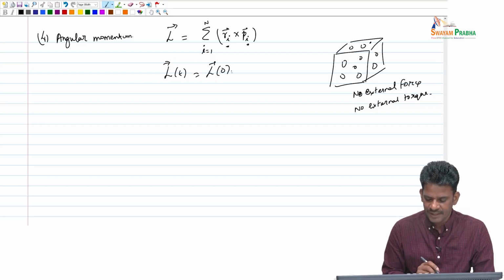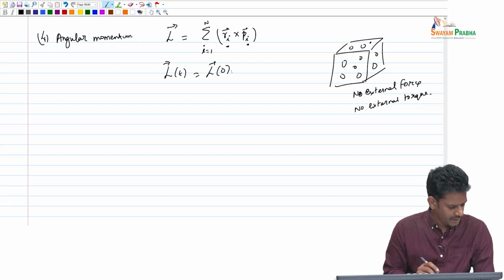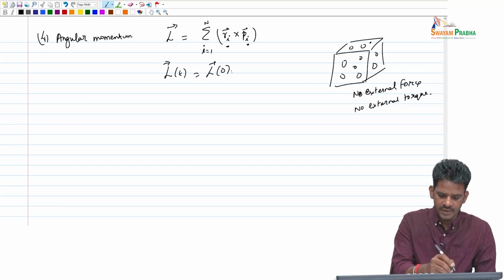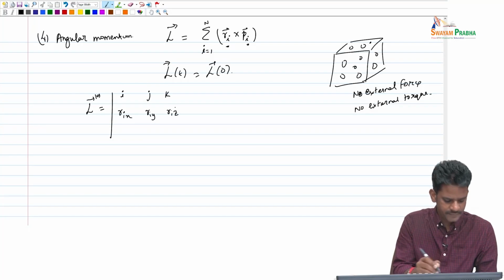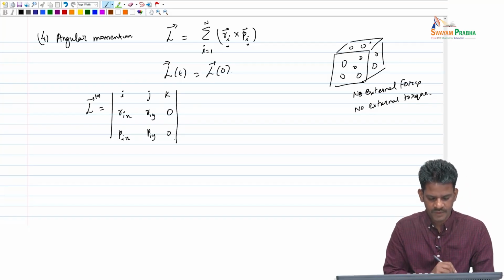To see this, let's find out what the angular momentum is before and after we apply the periodic boundary conditions. We write this cross product as r_ix, r_iy, r_iz, or maybe for 2 dimensions I can just take the z component as 0. I am just considering a 2-dimensional system for this purpose.